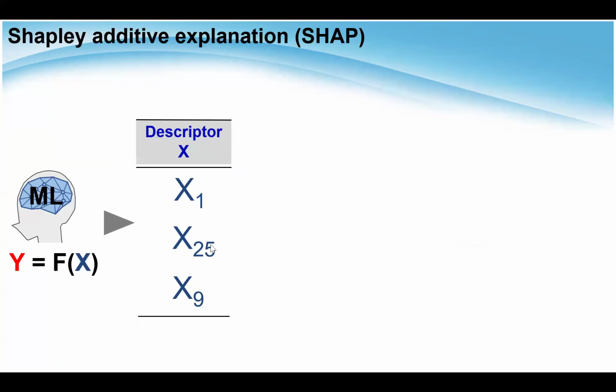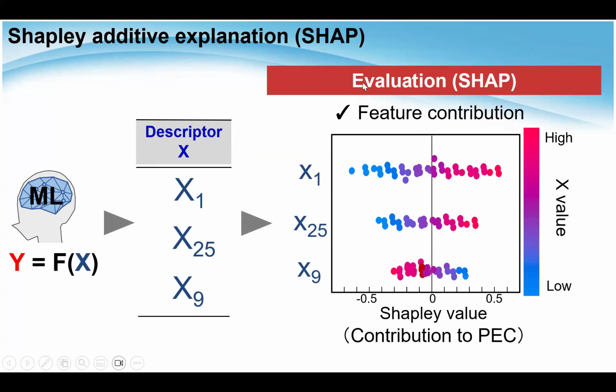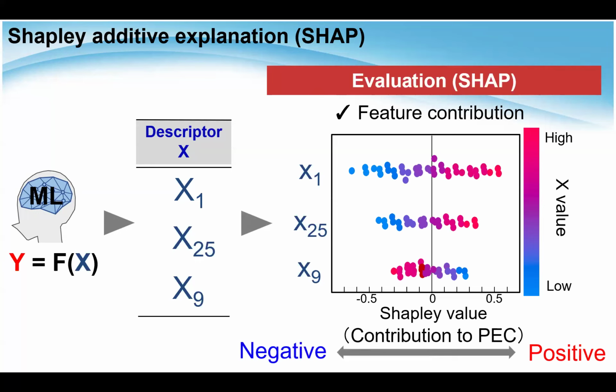So what we can do in the SHAP analysis is identify the important descriptors, and then they are analyzed by SHAP. If the SHAP value is positive, it helps improve the performance. If it's negative, it has an opposite effect.